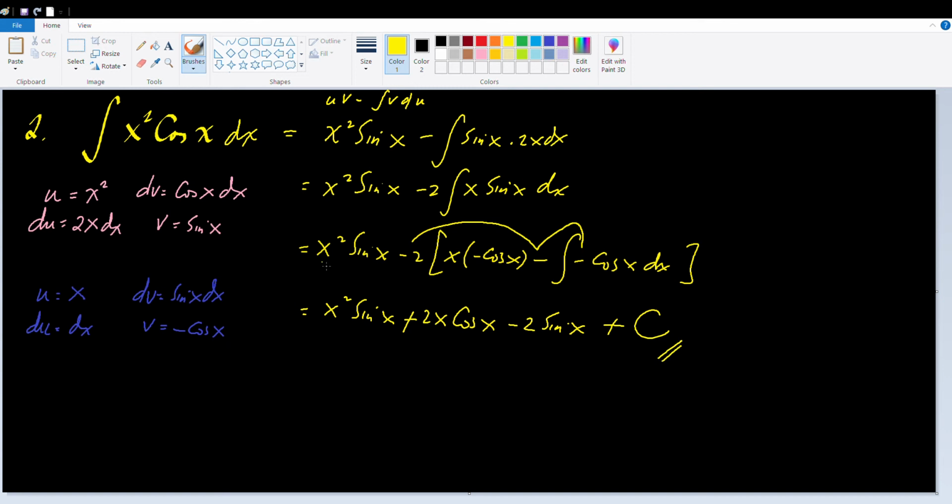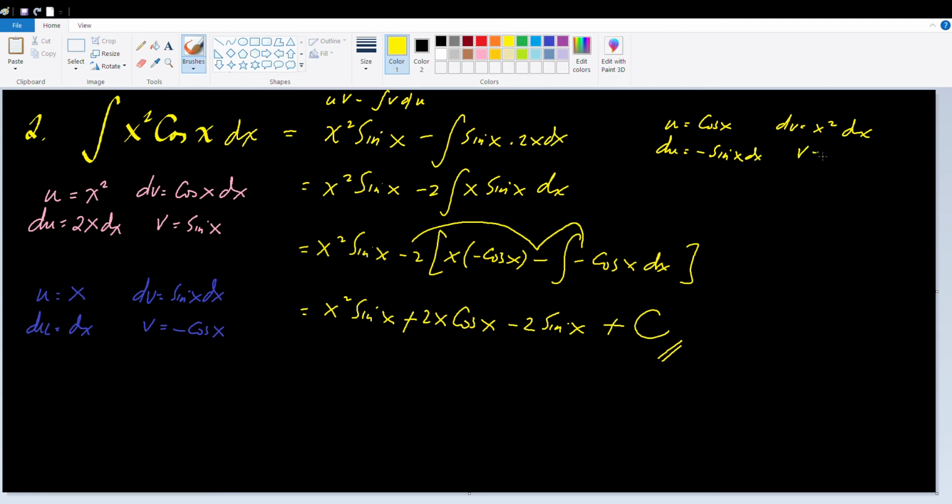So, this is one particular example where we use integration by parts twice. In the first time that we use integration by parts, what will happen if we chose cosine x as our u? And our dv is x squared dx. So if we are to take the differential of cosine x, that will be negative sine x dx.